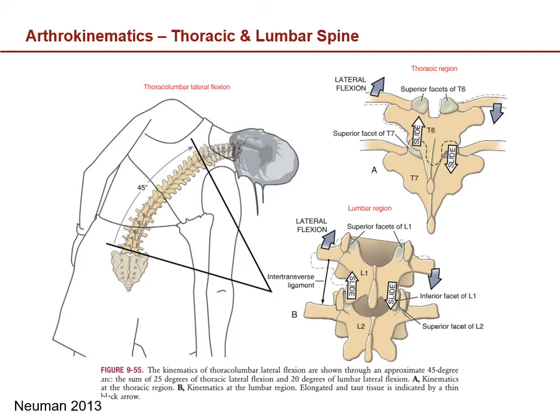And again, depending on what region you're looking at, there will be either more or less of a sagittal plane component to this, meaning it may be close to pure frontal plane motion.